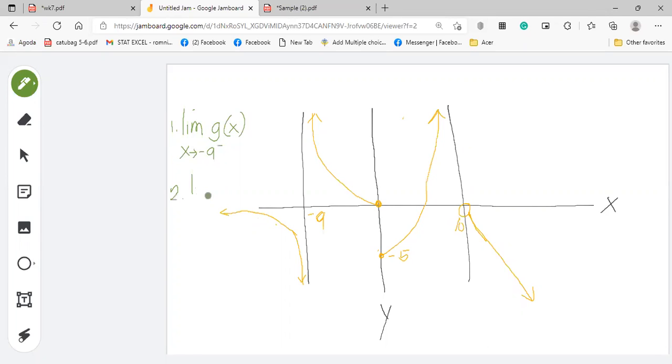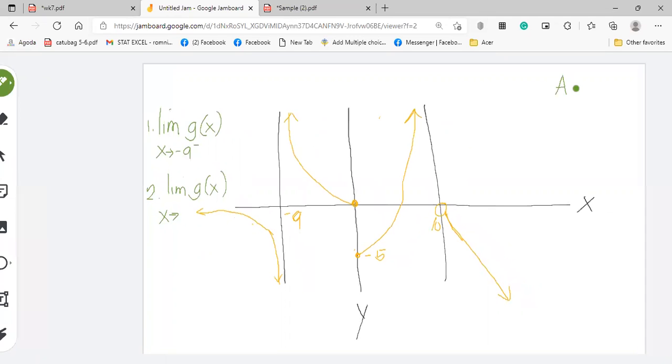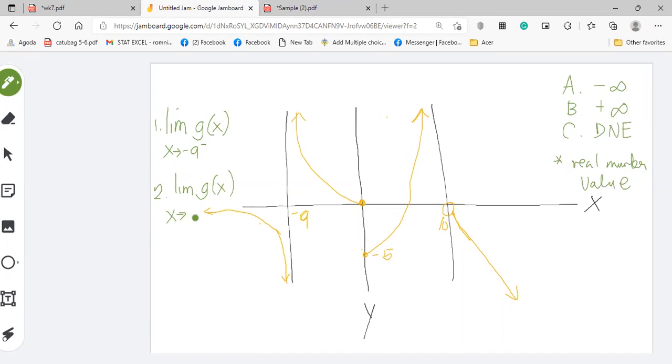2, what is the limit of this function g of x as x approaches? Magbigay ako ng letters mamaya na magiging, let's say A, ang sagot mo is -infinity, B is +infinity, C is DNE, or kung wala dito, ibigay mo yung real number value. Wala dito sa choices. Ibigay mo yung real number value. Okay? So, in number 2, let's say here is x approaches 0.